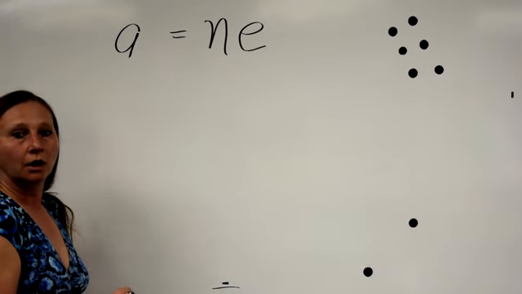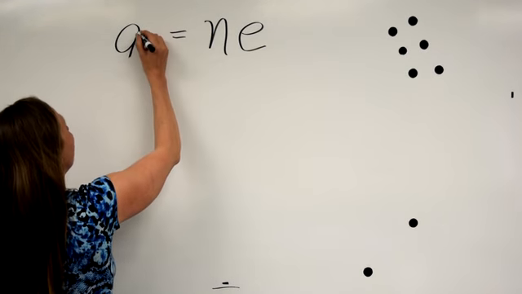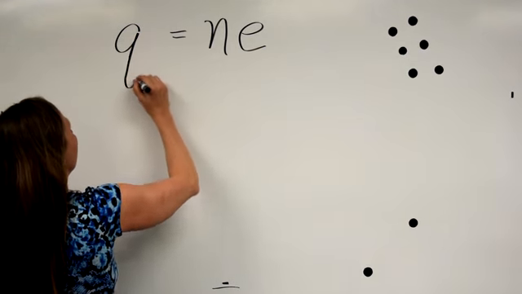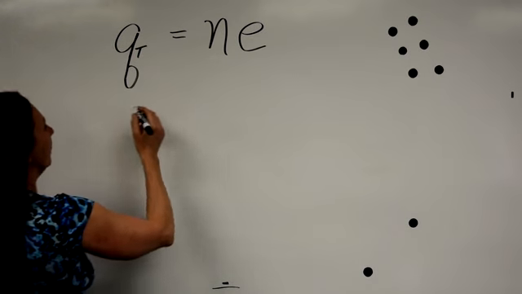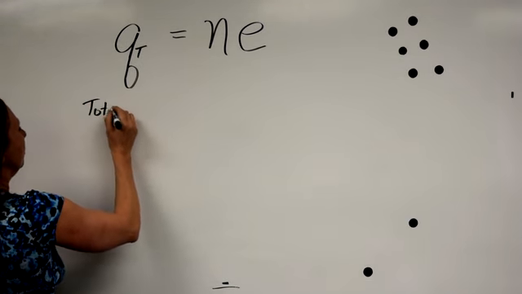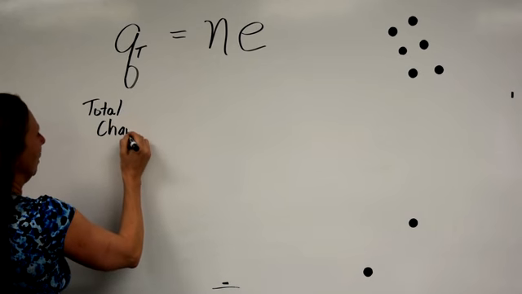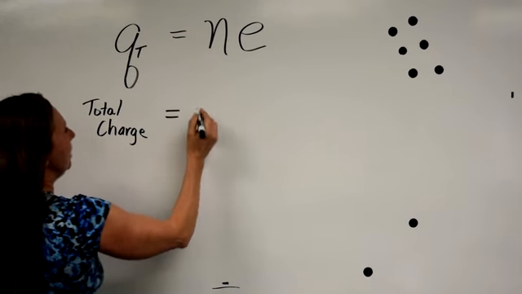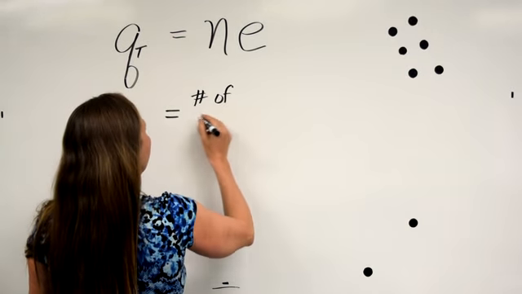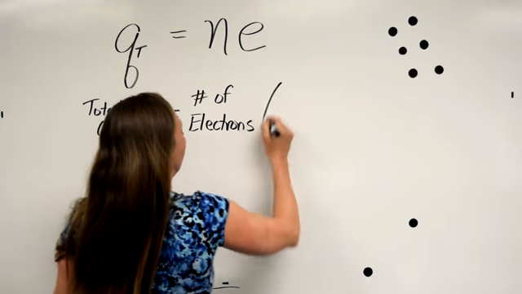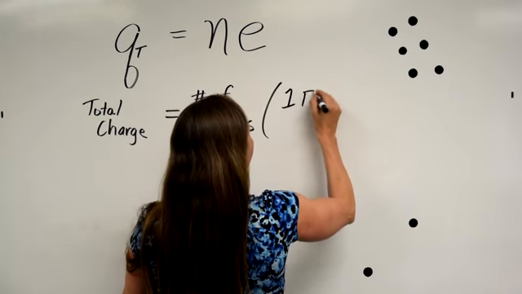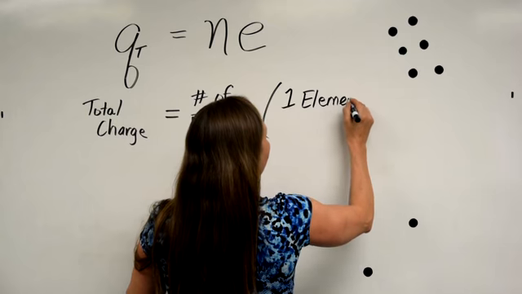You're not going to see it on any reference tables. It's more like physics common sense. So there's your charge or your total charge. Okay, so total charge, or just how much charge, is equal to the number of electrons times 1 elementary charge.